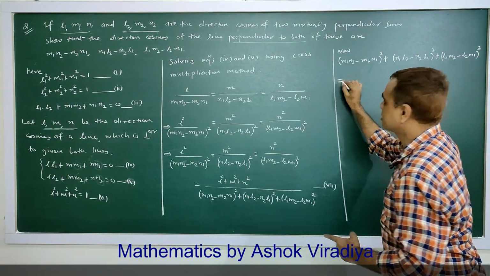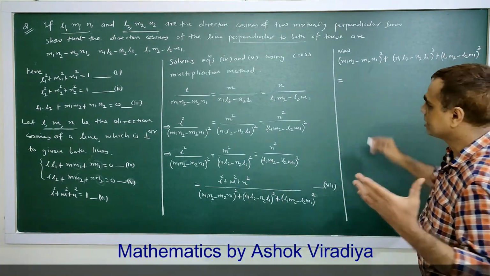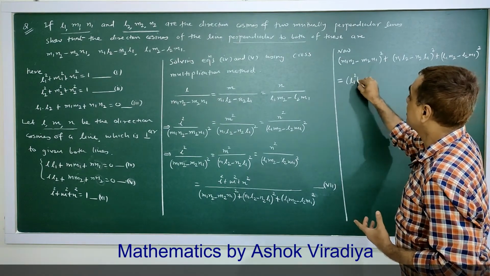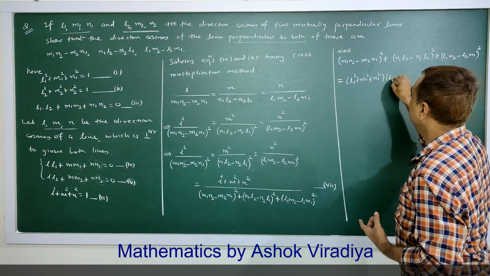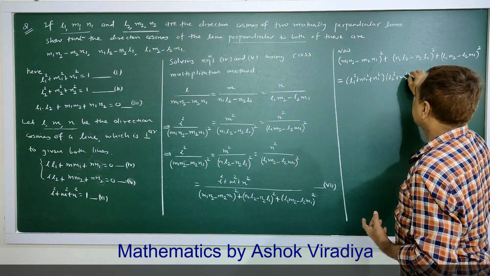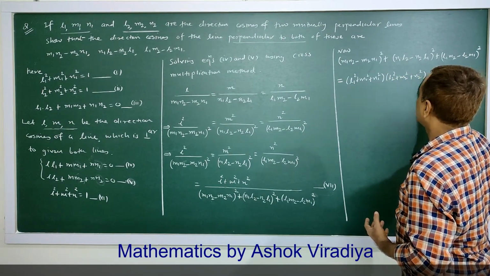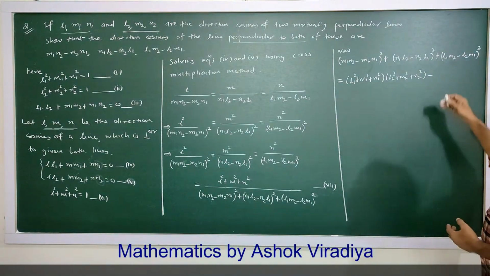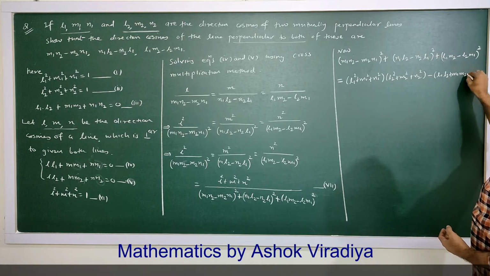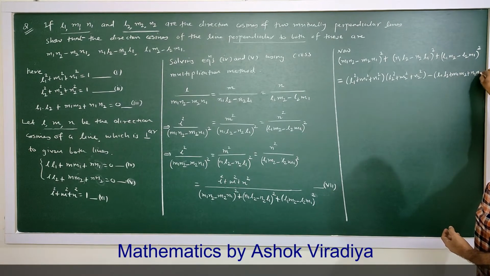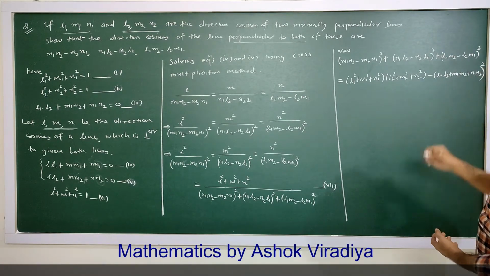This can be expressed as (L1 square plus M1 square plus N1 square) into (L2 square plus M2 square plus N2 square) minus (L1 L2 plus M1 M2 plus N1 N2) whole square.